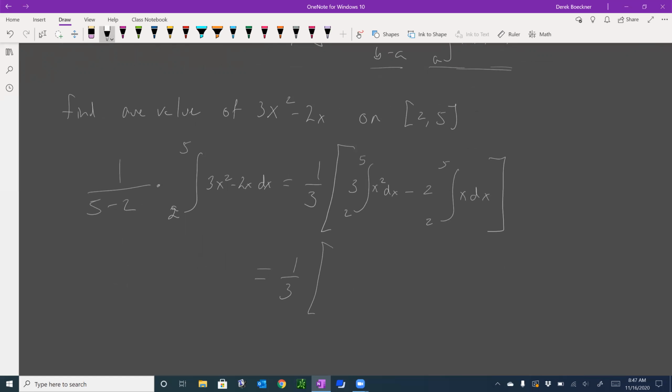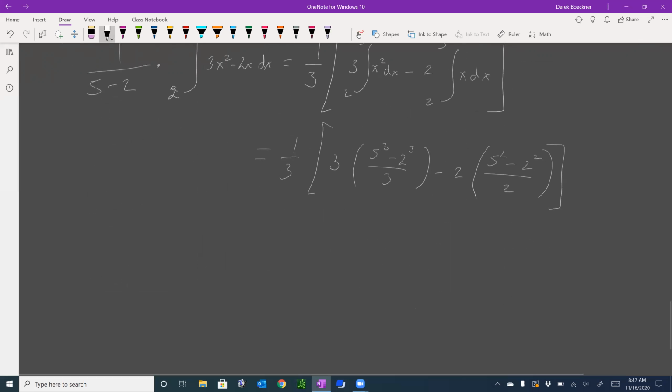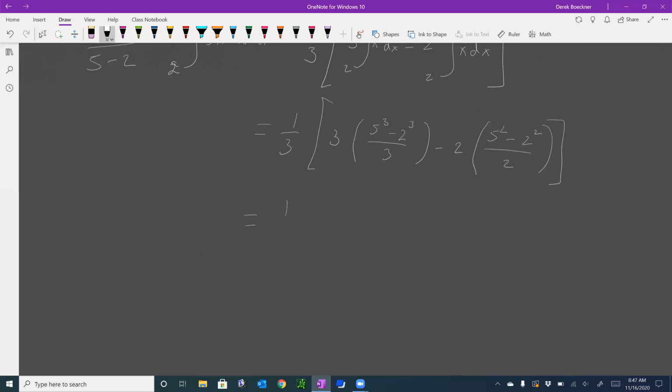So this is 1/3 of 3 times 5 cubed minus 2 cubed over 3, minus 2 times 5 squared minus 2 squared over 2. Okay, so I've got 1/3. That 3 and that 3 cancel, that 2 and that 2 cancel.